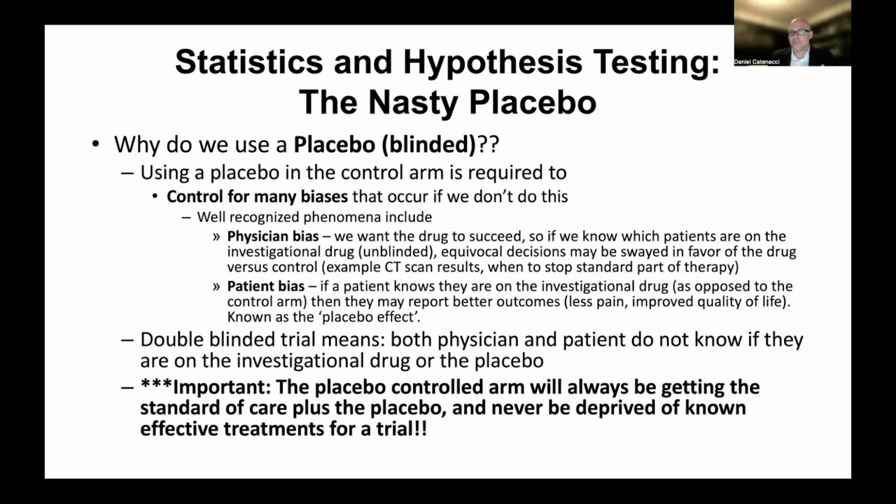And so this should put many people's concerns to rest with a placebo-controlled study, is that they're always going to be getting standard of care. And that they may be getting, in addition to that, an investigational drug that may or may not be beneficial. We don't know the answer to that because the study hasn't been done yet. And that's why the study is being done in the first place.